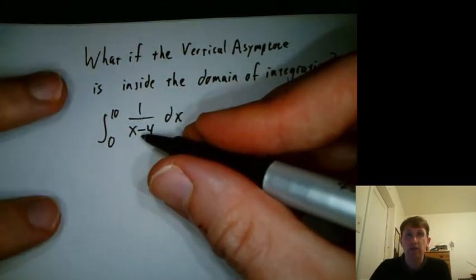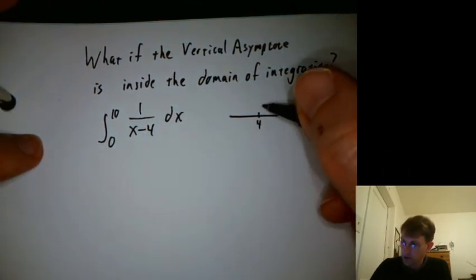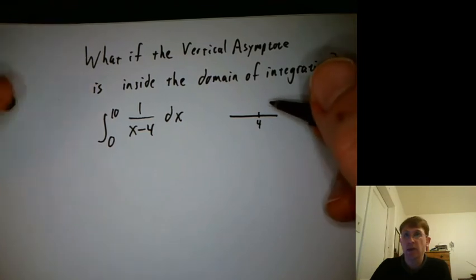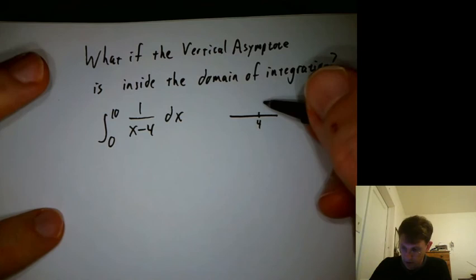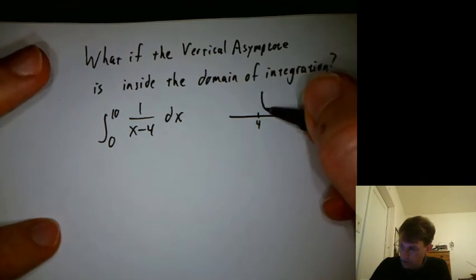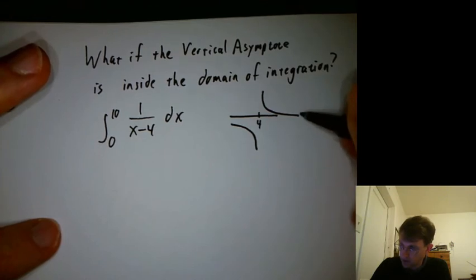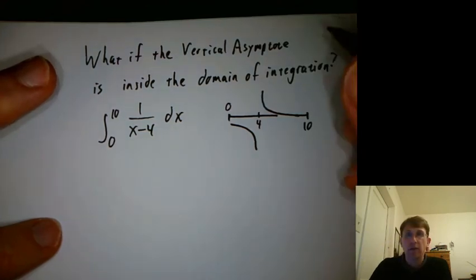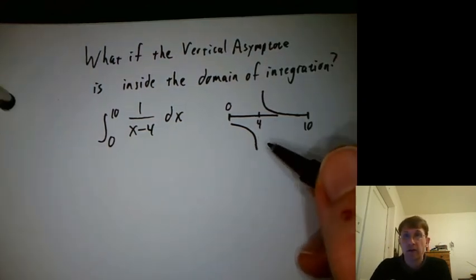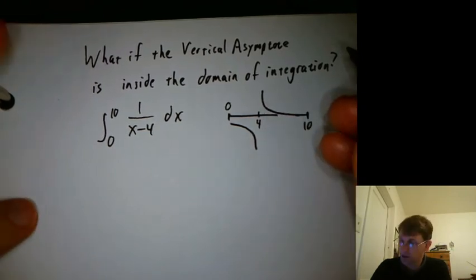If you plug in x equals 4, you get divided by 0. So here at 4, you're going to have stuff basically behaving like 1 over x, just shifted over by 4. So we'll have something like this, and something like this, and you're integrating all the way out to 10, starting at 0. And so what you have to do there is break the integration at wherever the divide by 0 or whatever other issue you're having is.